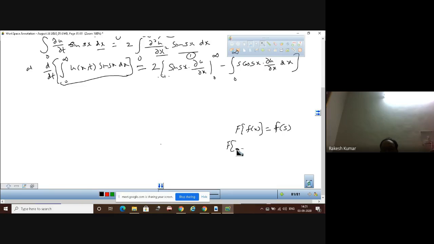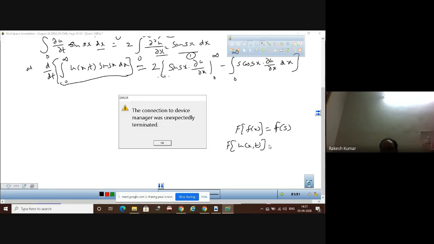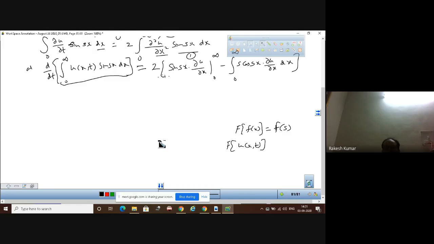On the same pattern, the Fourier transform of u(x,t) will always be a function of the parameter s and t. x will change to s, and in short it can be written as u bar s.